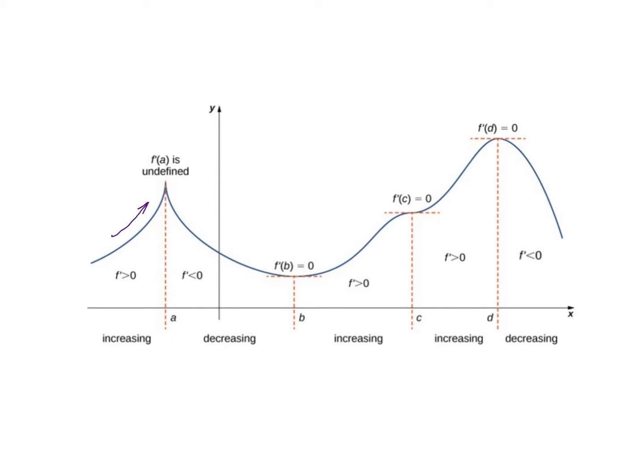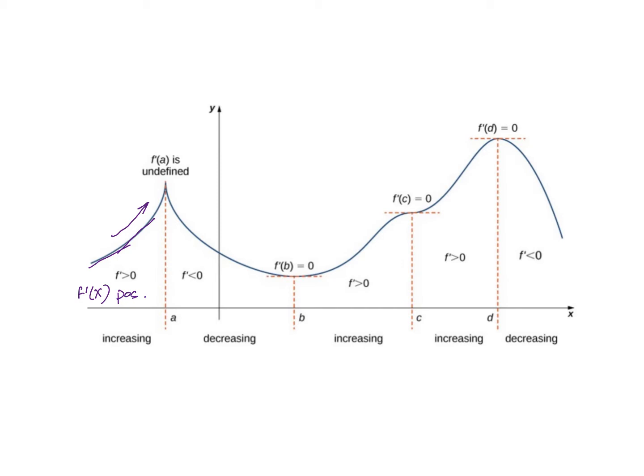And if you remember from section 3.2, if the graph is increasing, we know that the first derivative is greater than 0, right? It's positive, meaning the slope of the tangent line is positive all along here, isn't it? So it's increasing. So f prime is greater than 0. Another way we can say that is f prime of x is positive.